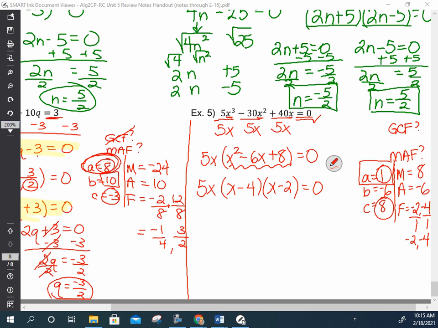It doesn't matter what order the two numbers go in. Questions before we continue?